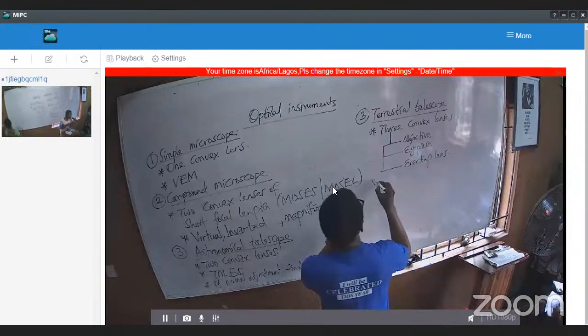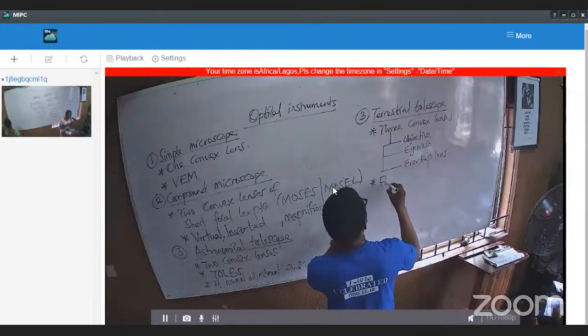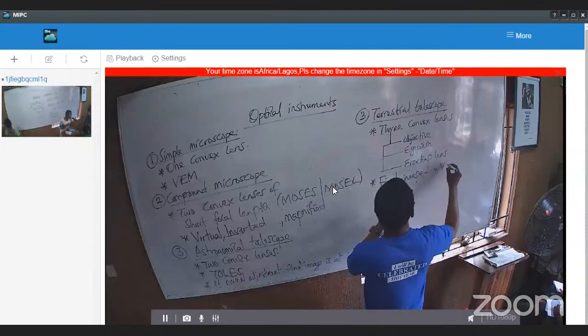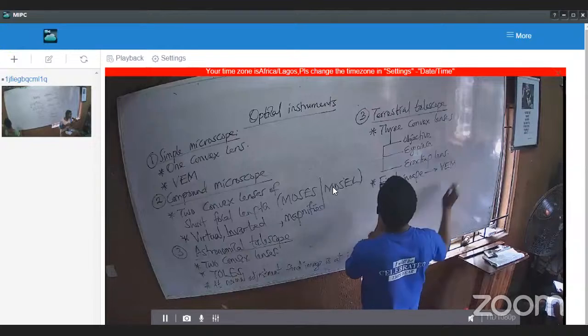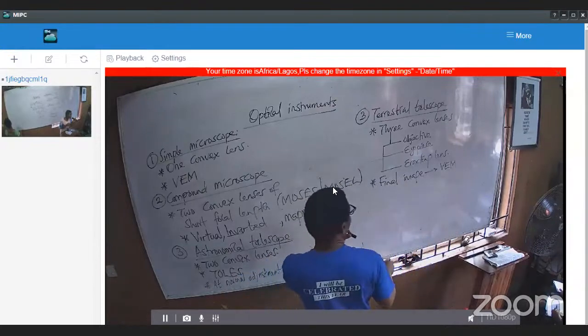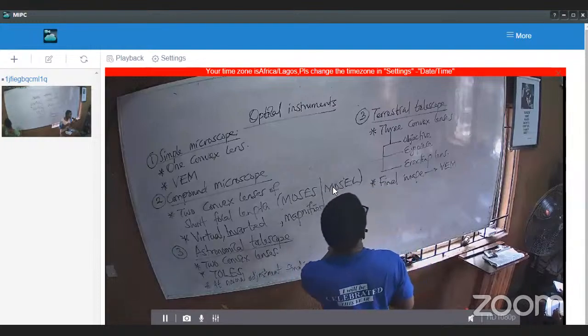Then final image, VEM. Final image is virtual, erect, and magnified. This one is virtual, erect, and further inverted.